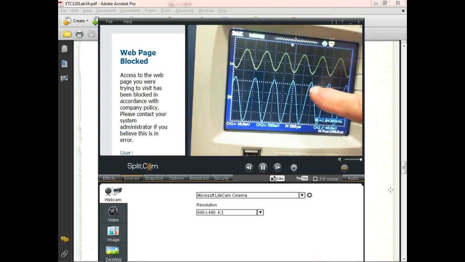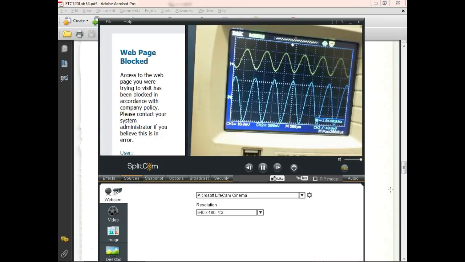1, 2, 3, 4.4. Okay. So 4.4 divisions, 500 millivolts per division. 2.2 volts. 40 millivolts in.